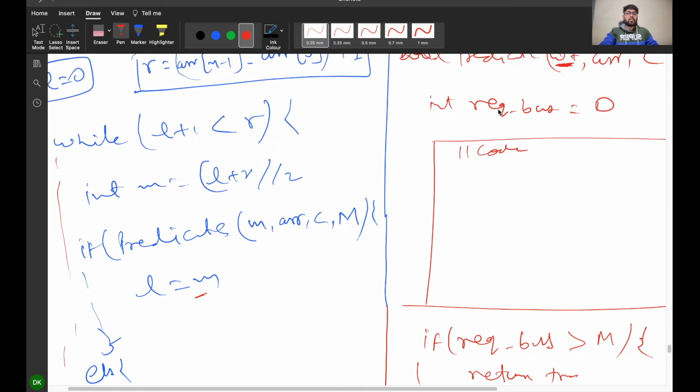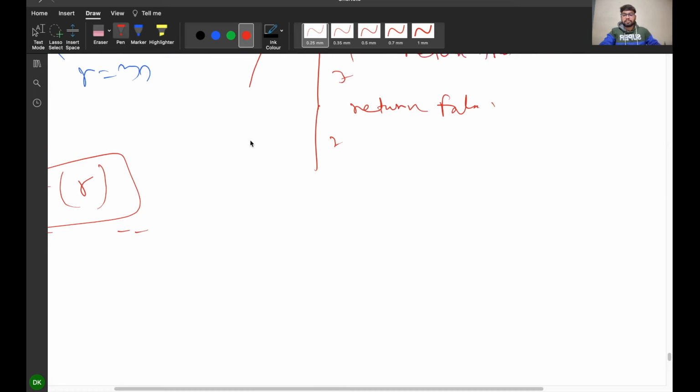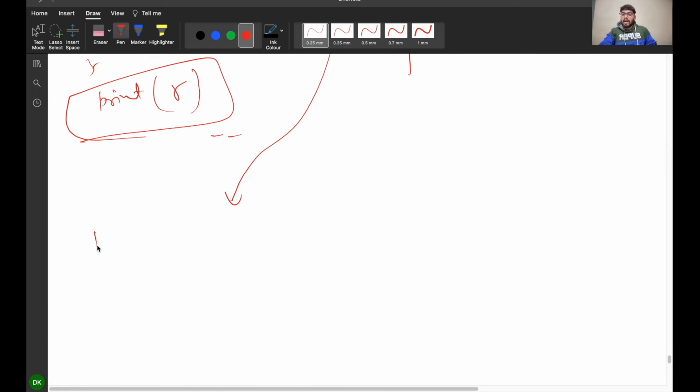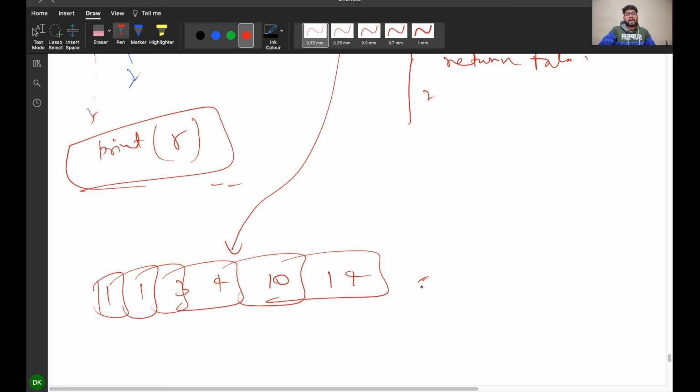Now, how can we calculate the required buses? Let's say my array is 1 1 3 4 10 and 14. For finding an algorithm to find the number of required buses, let's take an example and figure out how the algorithm works.